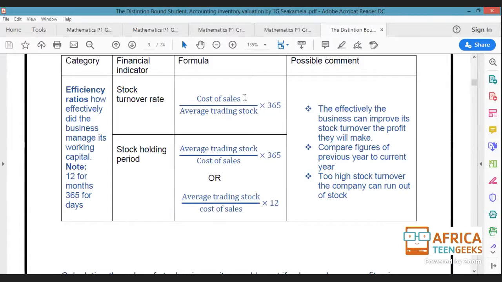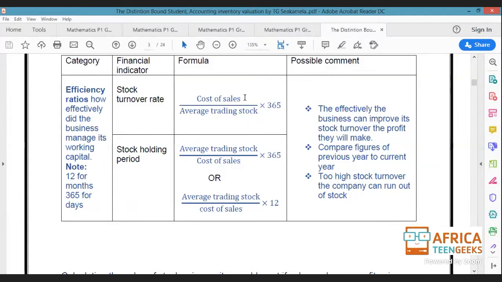Or if I'm given my sales and my markup, you can work backwards to calculate cost of sales. I hope you still remember from grade 10 and grade 11, where sometimes they give you sales and you need to work backwards with a markup to get your cost of sales.